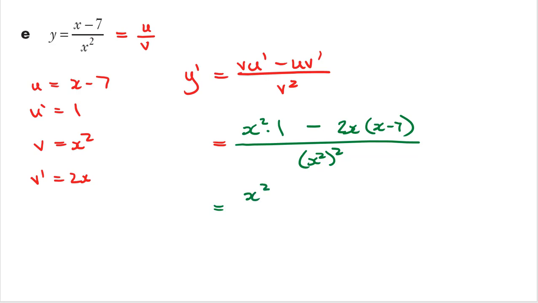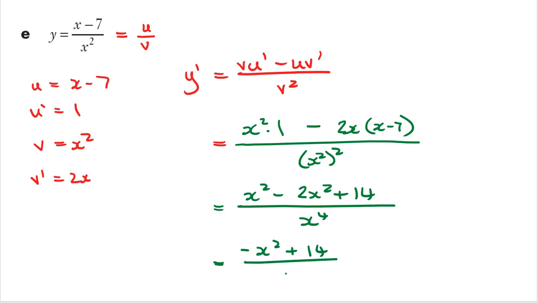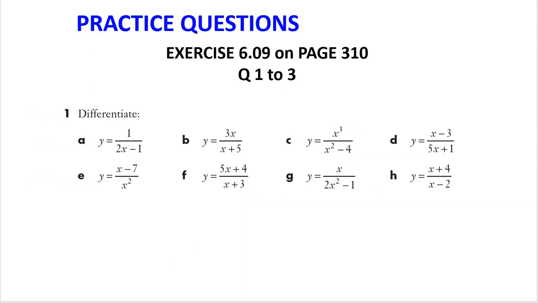So up here we're going to have x squared minus, do the expansion here, minus 2x squared plus 14, all over x to the power 4. And we're going to have here minus x squared plus 14 all over x to the power 4. And please don't be tempted. These will not cancel because there's no x in this term here, so that's as simplified as you're going to get it.